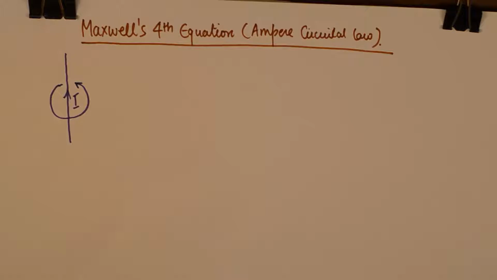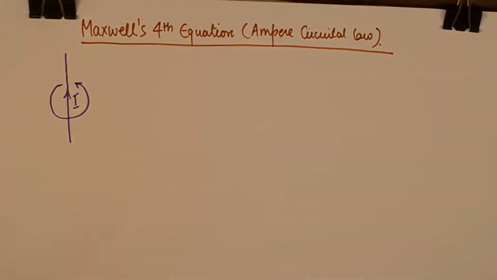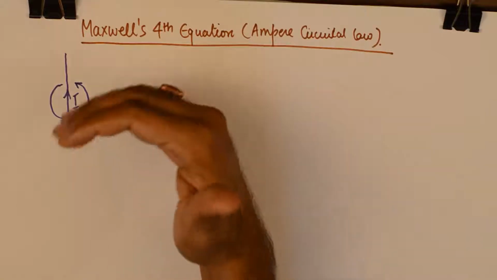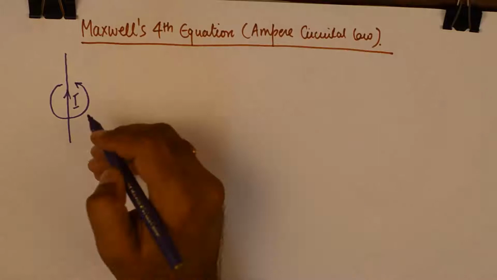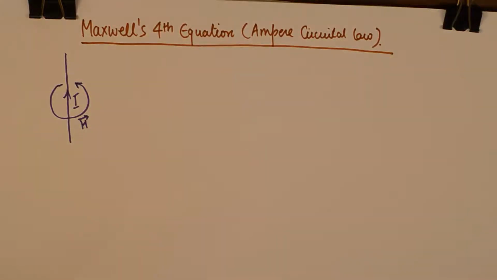Now you cannot actually see that magnetic field intensity curling around it, but you surely can feel it, and there are ways and methods to check its presence, and the curling is represented by the right hand thumb rule. If my thumb is representing the direction of flow of current, the curling of my fingers will represent the curling of H around I.